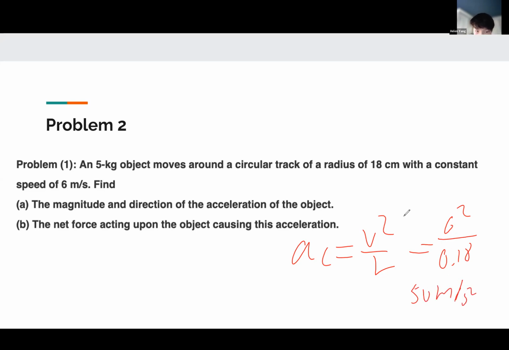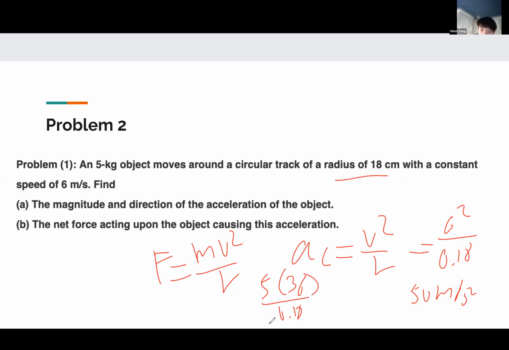And for B, it asks what is the net force acting upon the object. It would just be the centripetal force, which is mv squared over r. It would be 5 times 36 divided by 0.18. The radius is 0.18 because the distance should always be in meters.